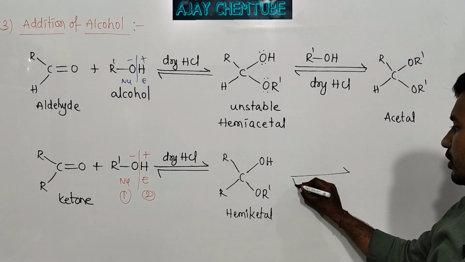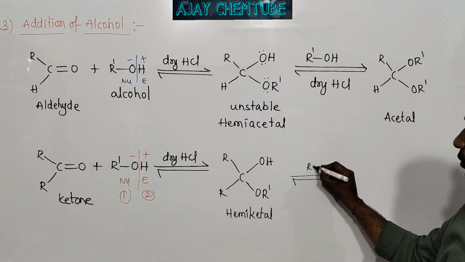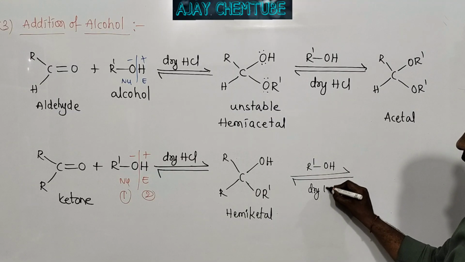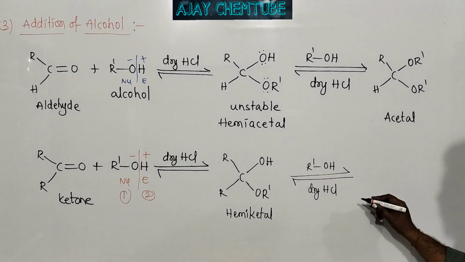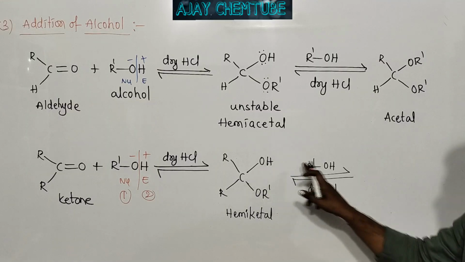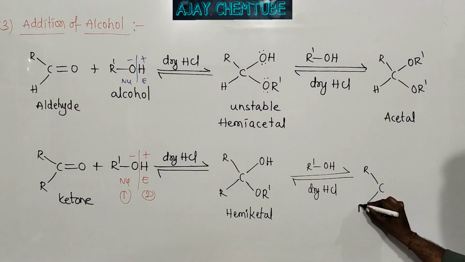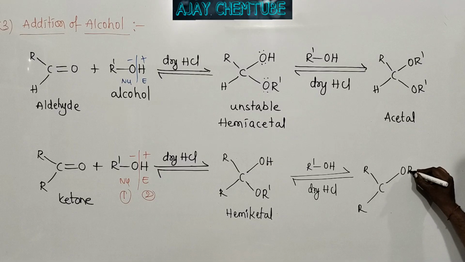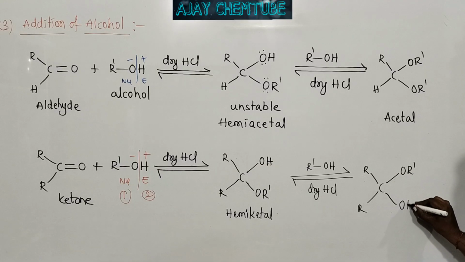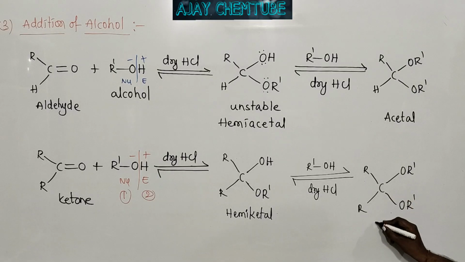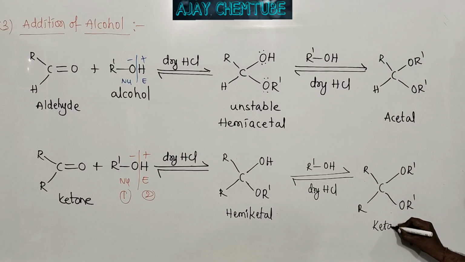This is a continuation reaction, addition of one more alcohol in presence of dry HCl. OH elimination takes place, OR is added, so the OH also becomes OR prime. This is already OR prime. Two alkoxy groups on a secondary carbon is ketal.